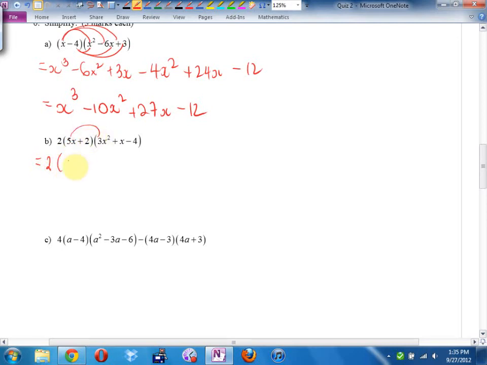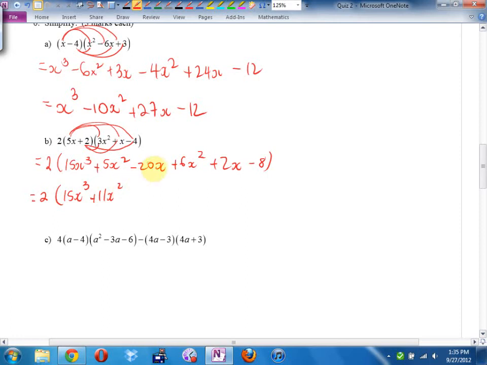I'm going to go 15x cubed, yoink, 5x squared, yoink, minus 20x, yoink, plus 6x squared, yoink, sound effects are optional, plus 2x, minus 8. I'm going to still drop the 2 down, but I'm going to gather like terms. I got a 15x cubed, I got a 5x squared, I got a 6x squared, I got a positive 11x squared. I've got a minus 20x plus 2x, I got a minus 18x and a minus 8.